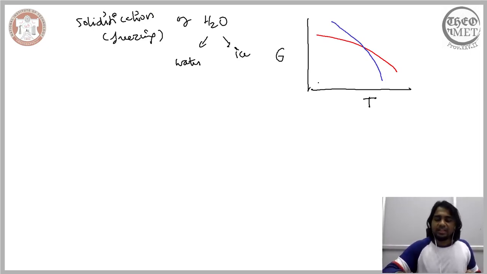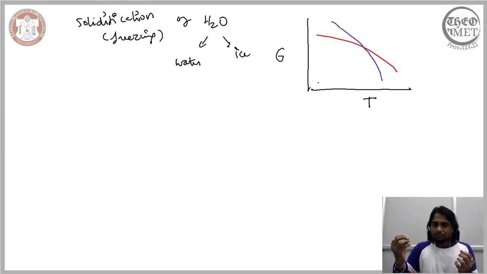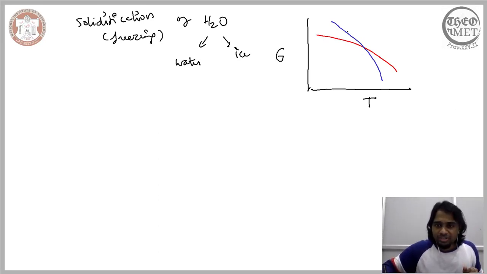So there is a characteristic association between the nature of the curve and the property of the material. Therefore we have two characteristically different Gibbs free energy versus temperature plots for the solid and for the liquid.